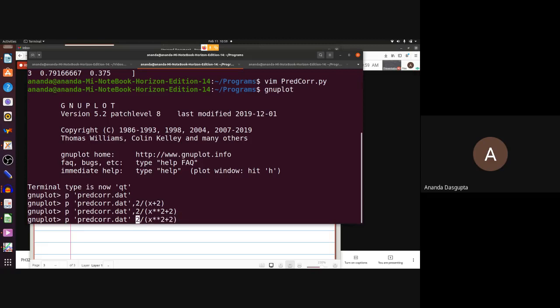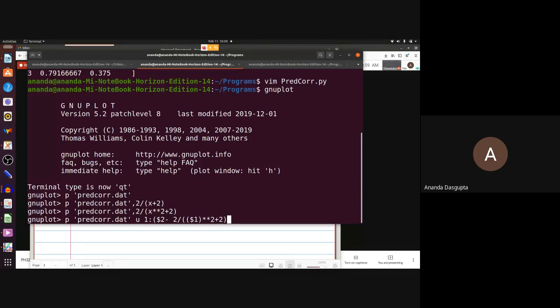One way to do that would be using the using command in GNU-plot. There are many errors, right? One error at every data point. So I'm just going to plot all of them. I hope all of you remember this much GNU-plot.